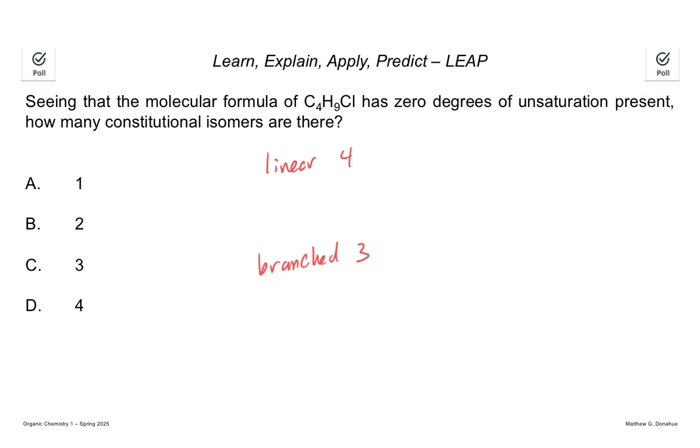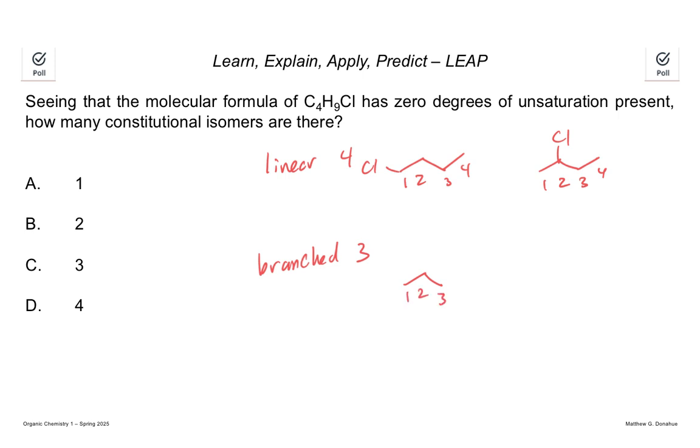So if we want to draw all the linear constitutional isomers, we'll draw 4 carbons. And then what you're doing is just sticking that chlorine in there in a logical fashion. So we can put it at carbon 1, or we can put it at carbon 2. And that's it. So if we go down to the branched, the longest chain is 3.